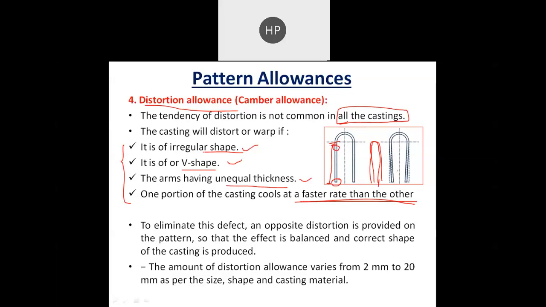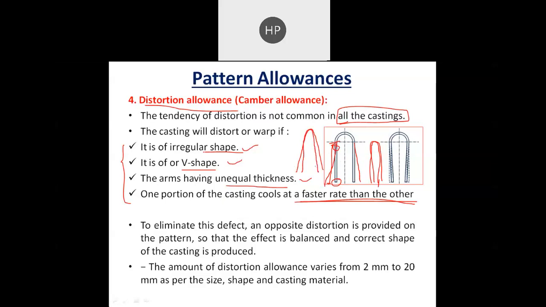So to get this exact shape, what we will do is make a U which is like this, in this direction, and after contraction you will get a U like this.